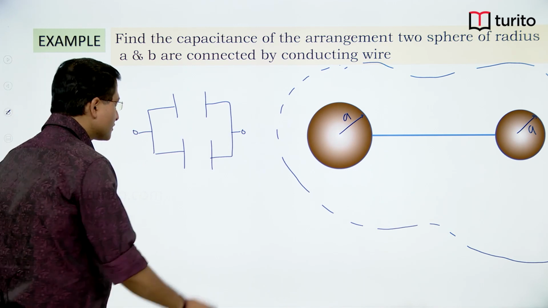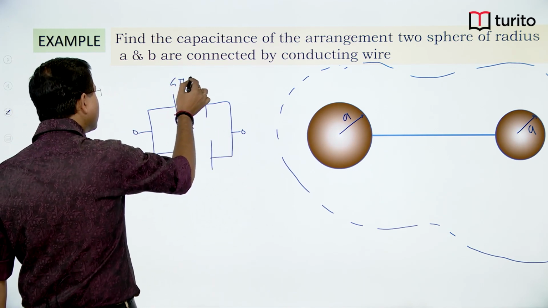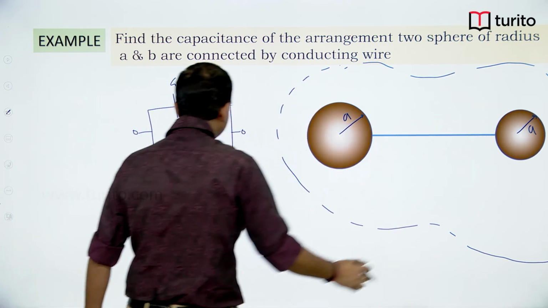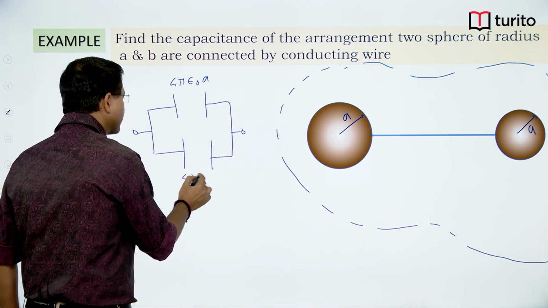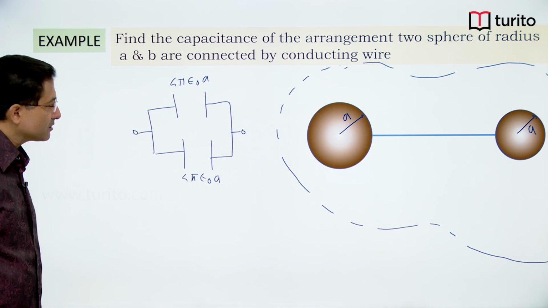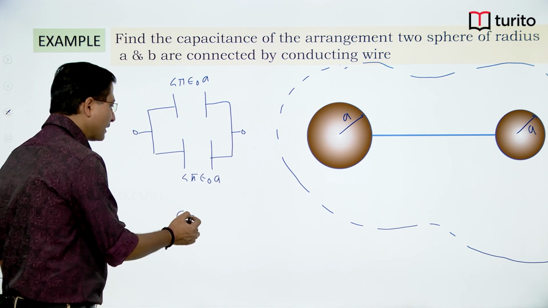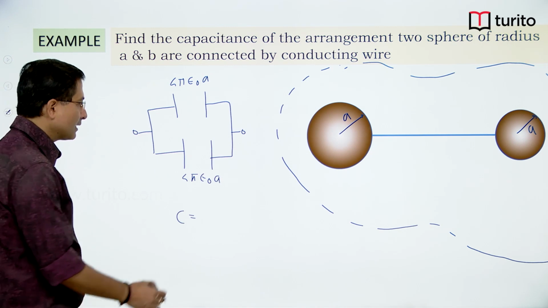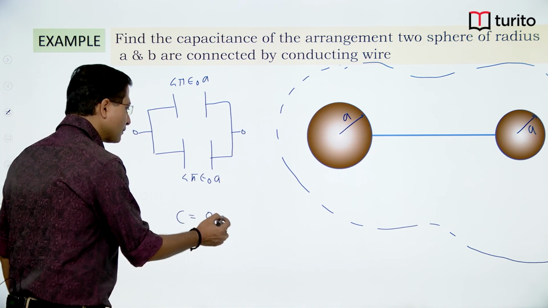What is the capacitance of this part? That is 4 pi epsilon naught A, and the capacitance of this one, if I treat this as an isolated one, is 4 pi epsilon naught A, and if I ask what is the equivalent capacitance, then the parallel combination formula is C1 plus C2. Directly I can add these two and I will get 8 pi epsilon naught A.